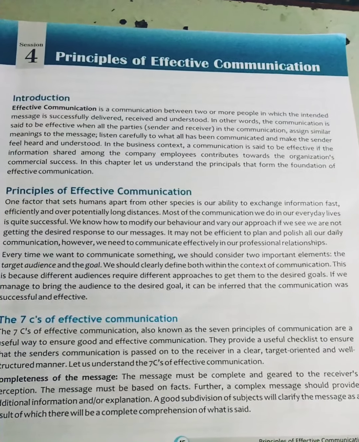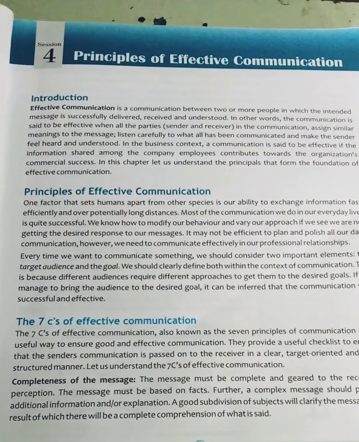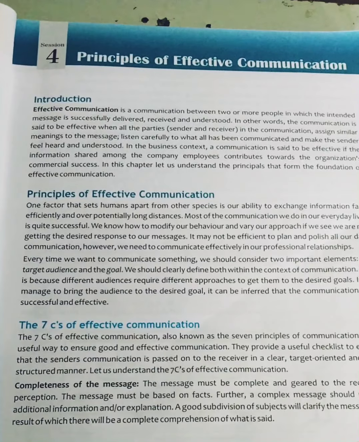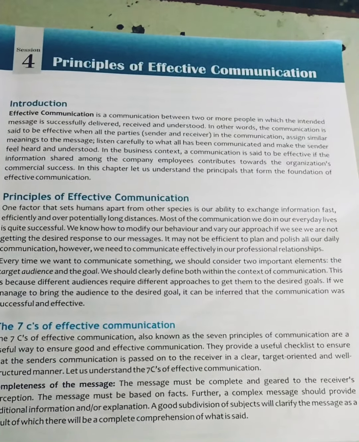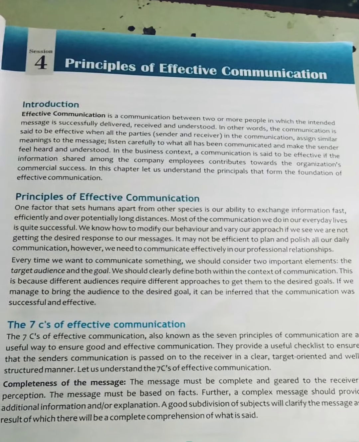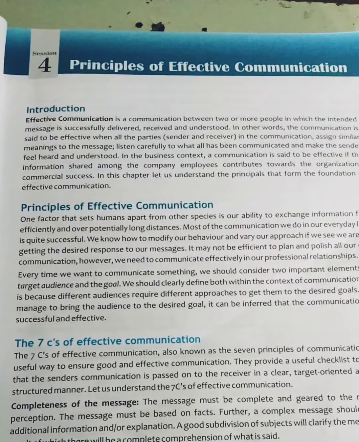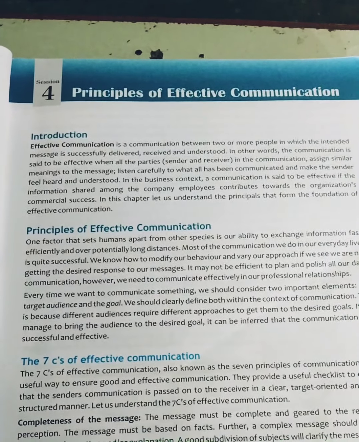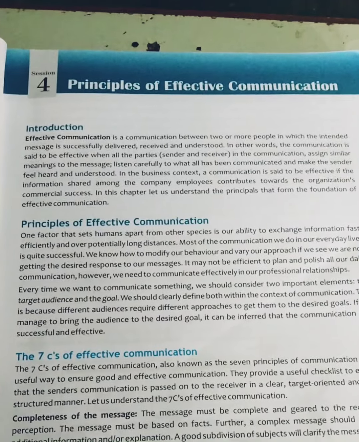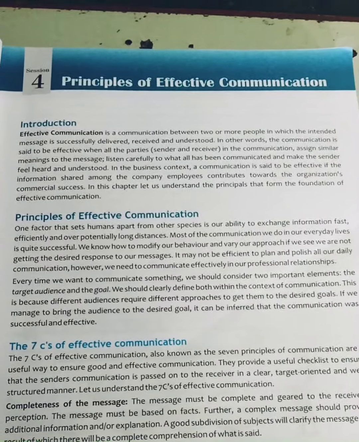Further, a complex message should provide additional information and or explanation. A good subdivision of subjects will clarify the message, as a result of which there will be a complete comparison of what is said. So completeness of the message simply means we have to complete our communication in our message.